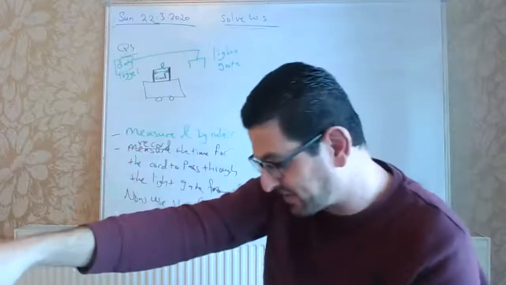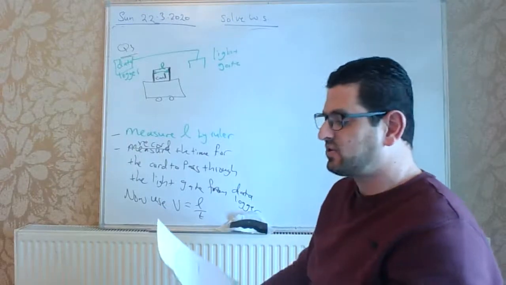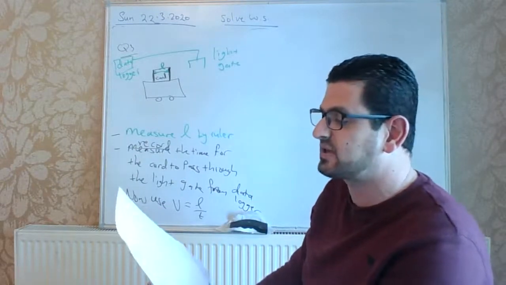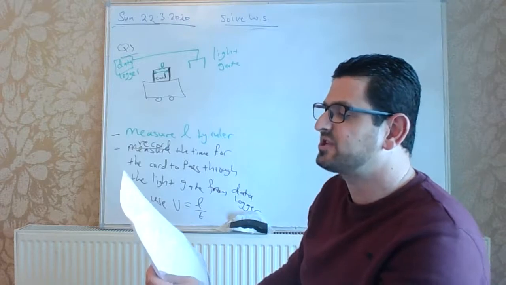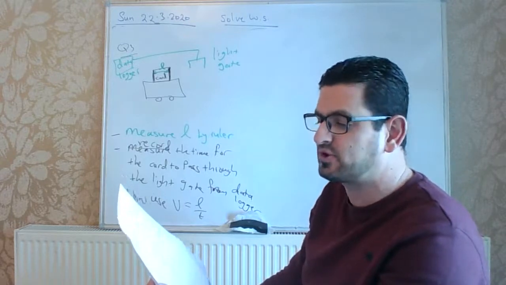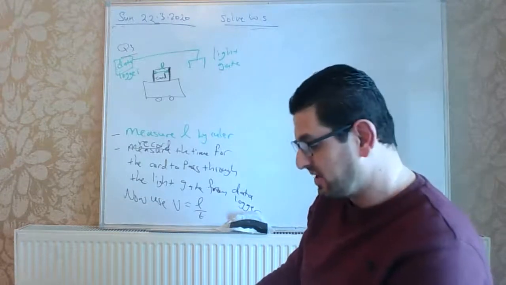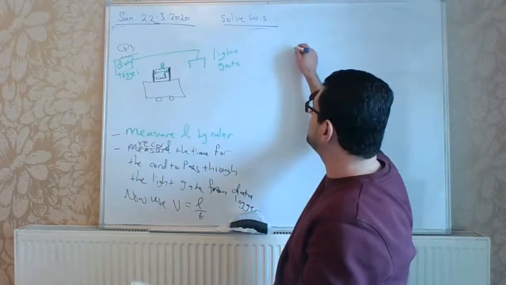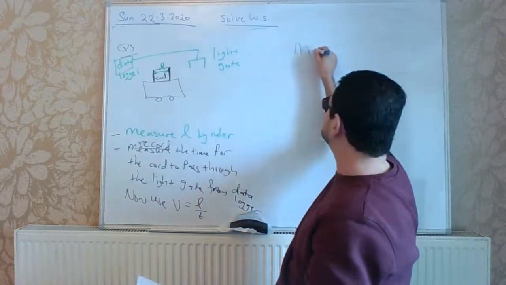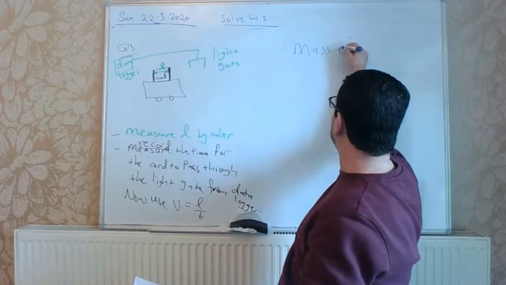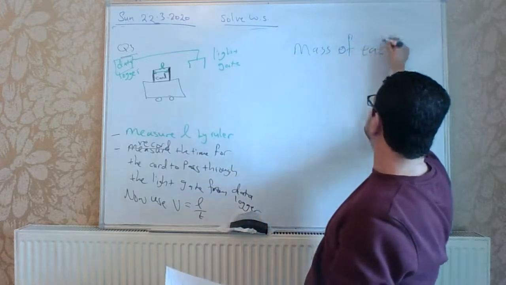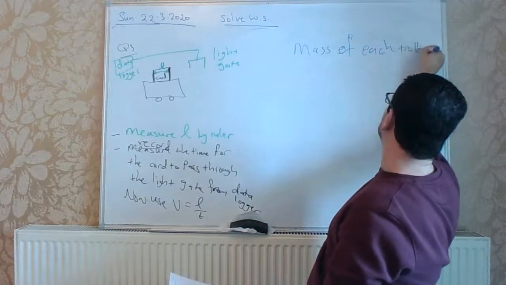What further measurements, in addition to the two velocities, will she have to make to demonstrate the principle? They also need masses, the mass of each trolley.